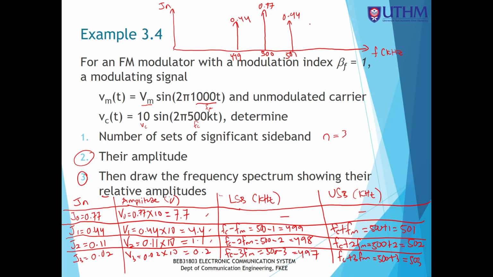The second sideband is located at 502 and 498, with relative amplitude 0.11 each. And the third sideband is located at 503 and 497 kilohertz, and the relative amplitude is 0.02 each. So this is Jn versus F.